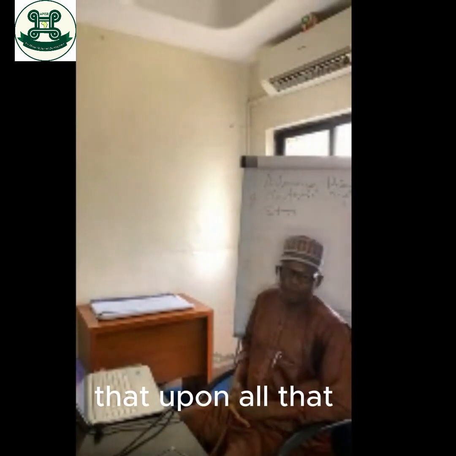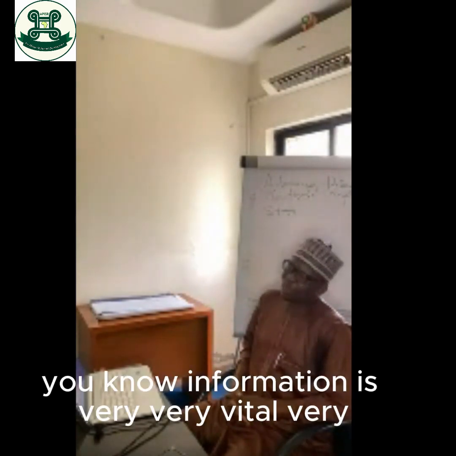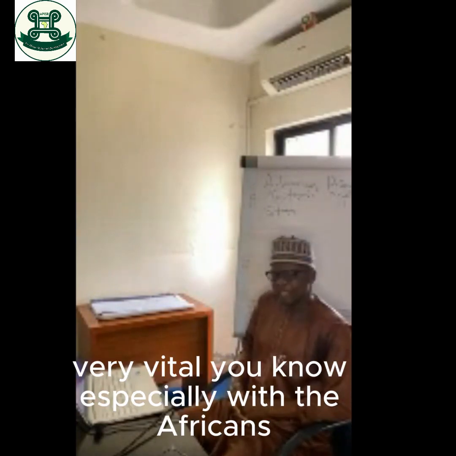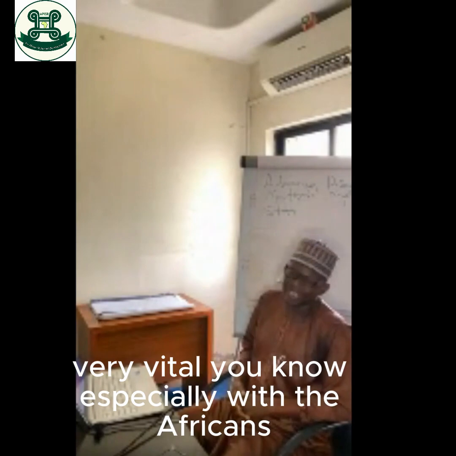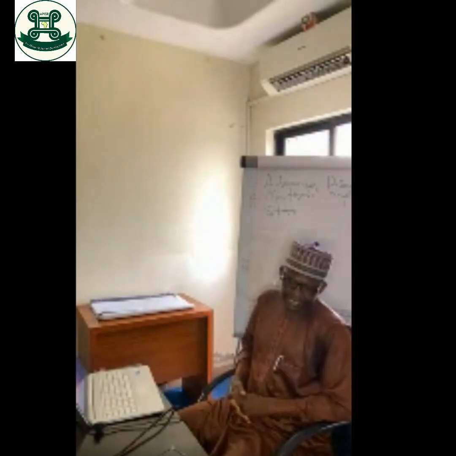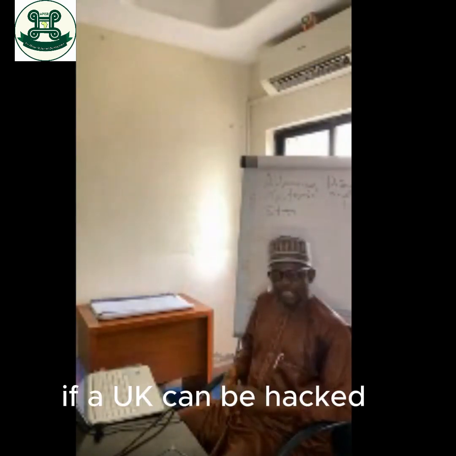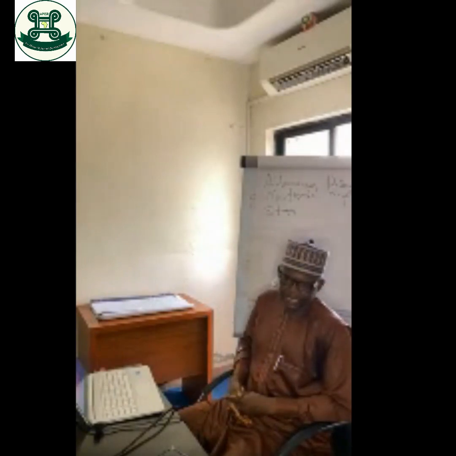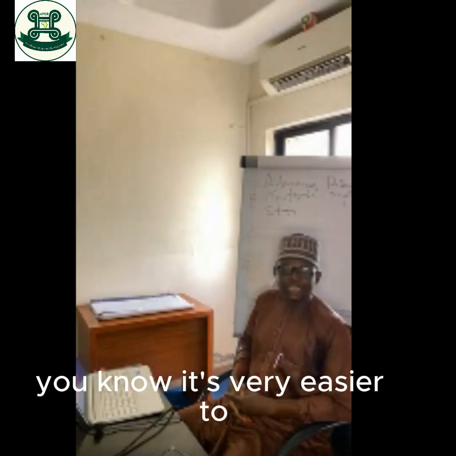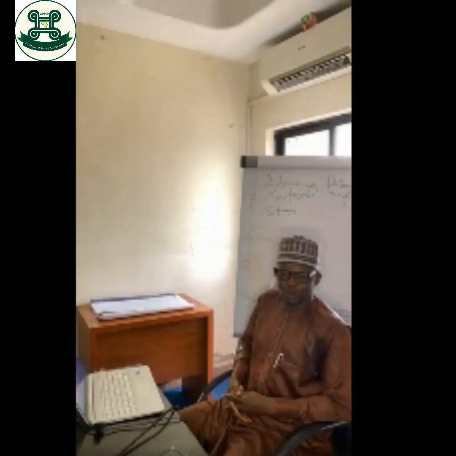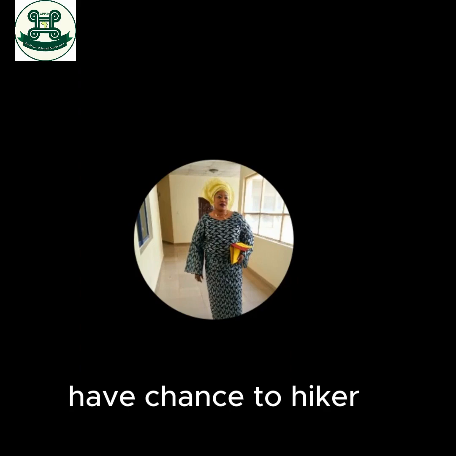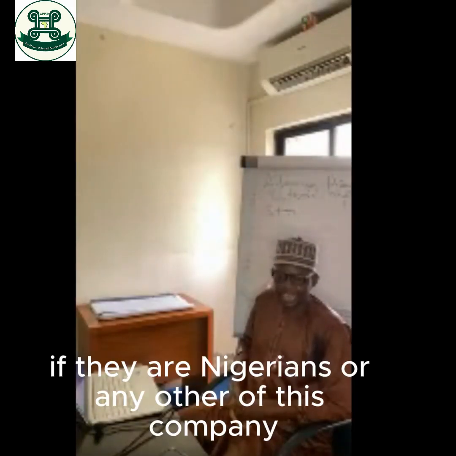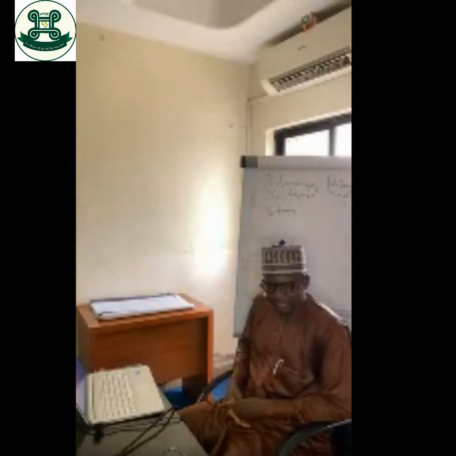About all that, information is very, very vital. Especially we, the Africans. If the UK can be hacked, it's very easy for hackers to hack Nigerians or any other African country.